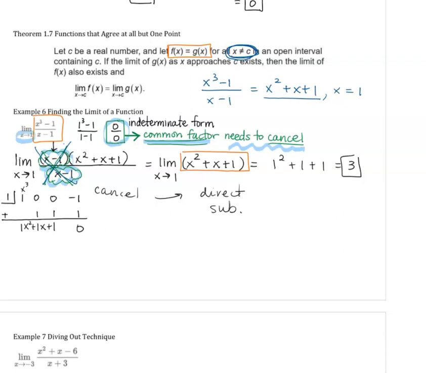We plugged in 1 and we got out 0, so our factor had to be x minus 1. You may have to do some work to figure out what goes here to simplify this. You may need to factor, you may need to do some division, unlikely though. And then once you cancel that out, you're then able to apply direct substitution to get your answer for your limit. Let's look at another example.